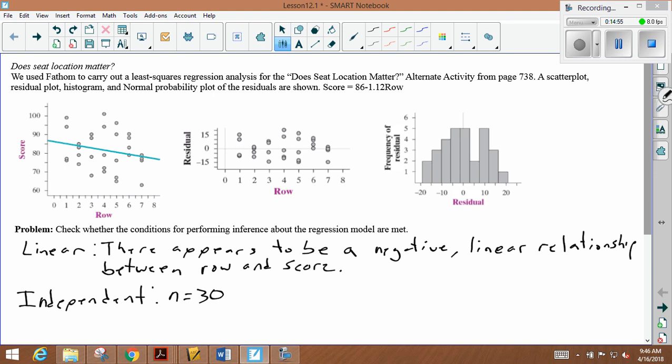And we're trying to generalize this about all classrooms, so we could say it's safe to say that there are more than, I'm just going to put 10 times 30, so that it's kind of clear what I'm doing, that I'm actually doing the 10%. All right.